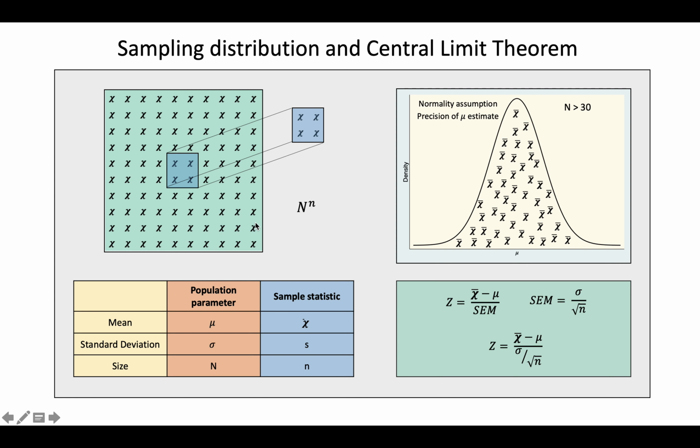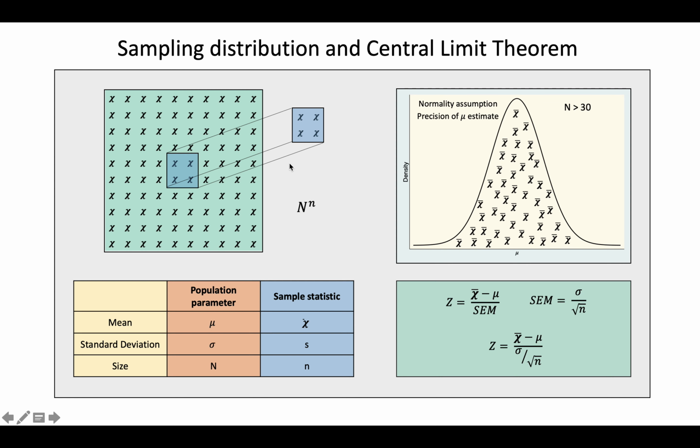Let's imagine that you got here 100 patients from the sampling population, and you are taking 4 then randomly in this example. So when you're doing this over and over and over, obviously you are not going to do this, but this is more a theoretical concept.